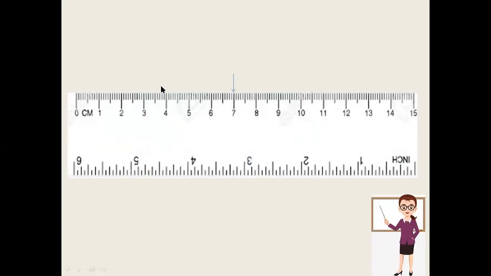If you want to find out the length of this pencil, you just keep this pencil like this, start from the 0 and then keep this pencil. And here you can see the length of this pencil is 7. Okay, you can see this arrow.